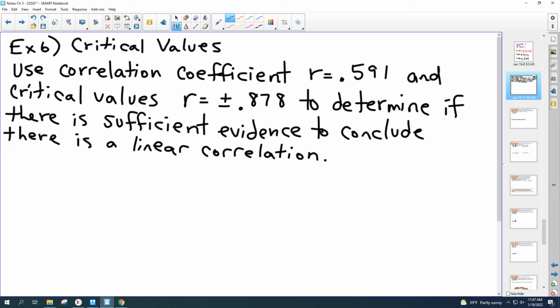A lot of words. Use correlation coefficient R equals 0.591 and critical values R equals plus or minus 0.878 to determine if there's sufficient evidence to conclude there is a linear correlation. All right. So here's the way I look at it.